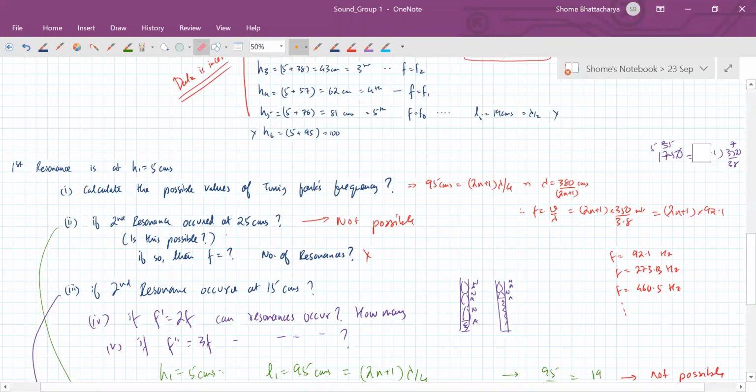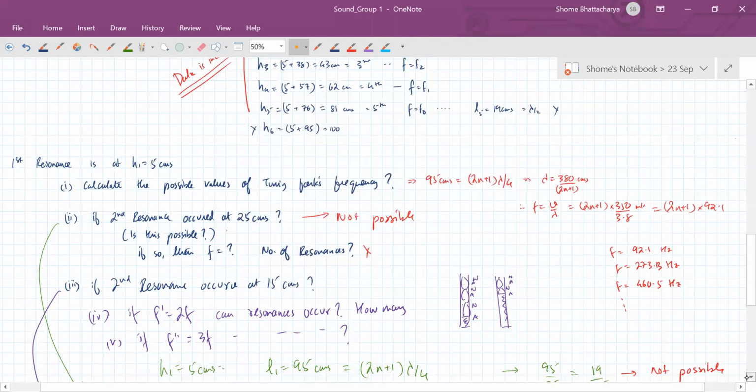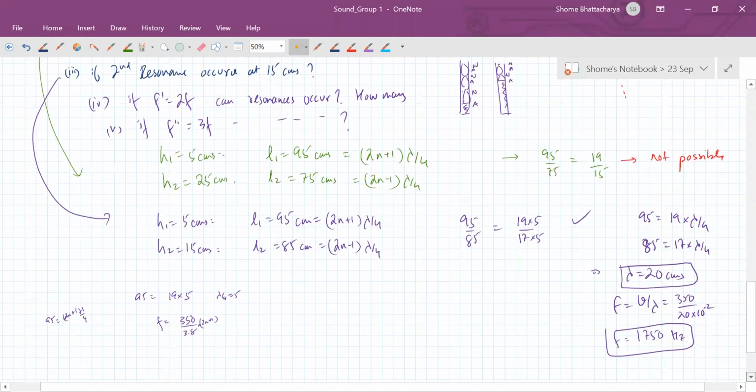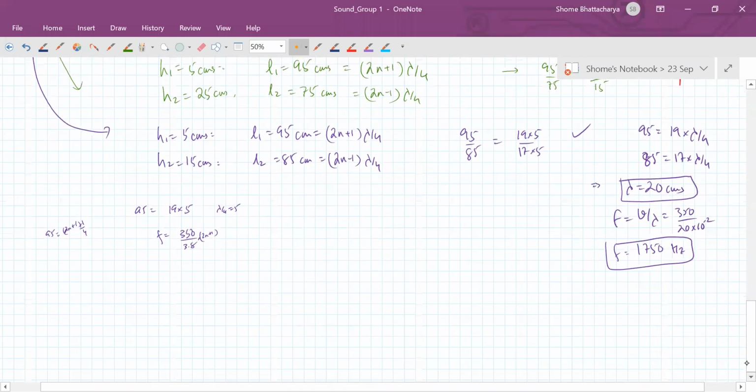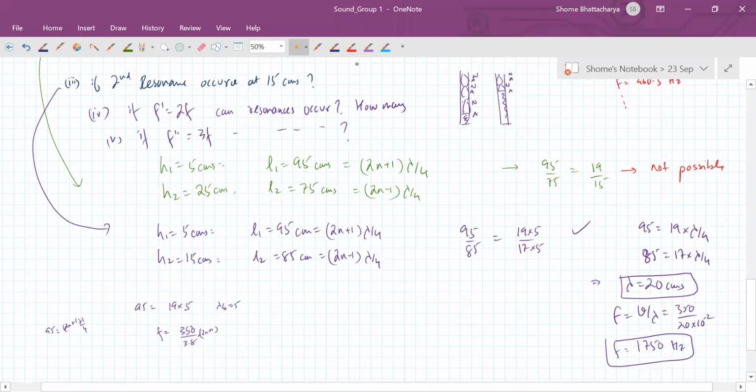So yeah, you can see that 1750 is an odd multiple of this number 92.1, but the other one is not. Double of 1750 will not work out to be a possible resonance frequency. So when it comes to the last part of this question, you will see that this is not possible, but this is possible.